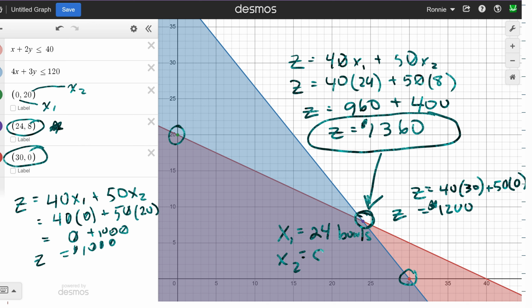So 8, and that should be the mugs. So that's where they get the maximum revenue: 24 bowls sold and 8 mugs sold. The maximum revenue comes out to be $1,360.